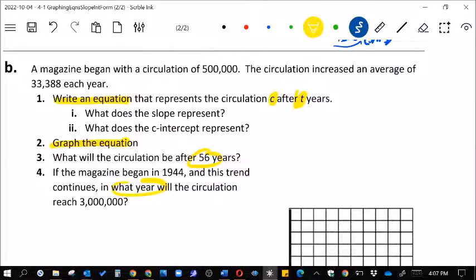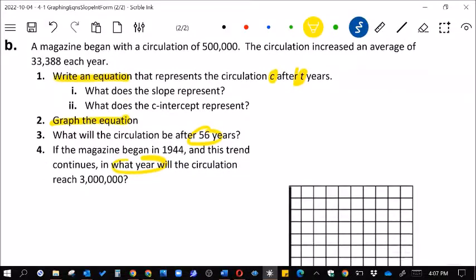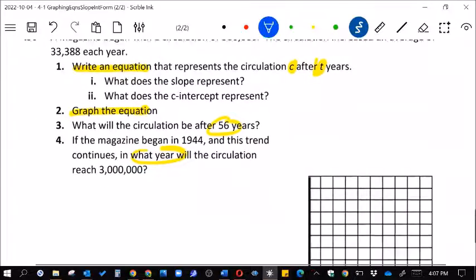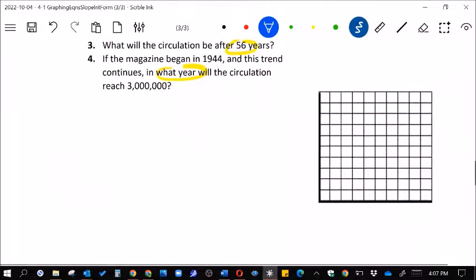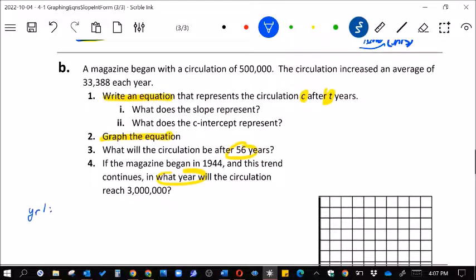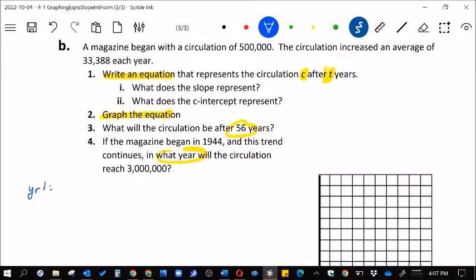All right, so let's think about how we're going to make the equation. So for this, what I will do is think about what happens each year. So in the first year, year 1, we have 500,000 to start.